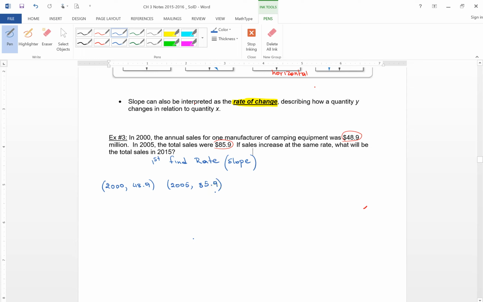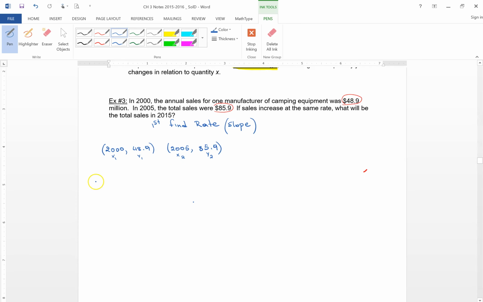Now we can find the rate, or the slope, because this now becomes x1, y1, x2, y2. So remember, whenever you're graphing anything, the x-axis is always time, okay? So you always put it in for the x-coordinate. So to find the slope here, or the rate, it's going to be 85.9 minus 48.9 over 2005 minus 2000.